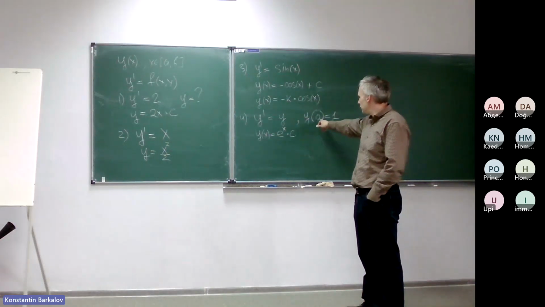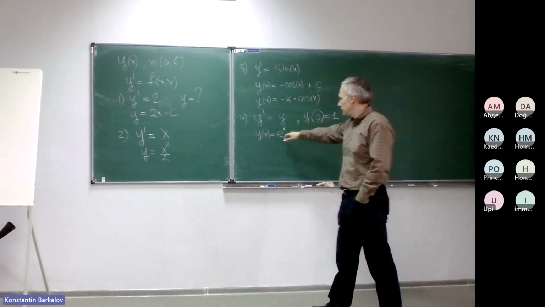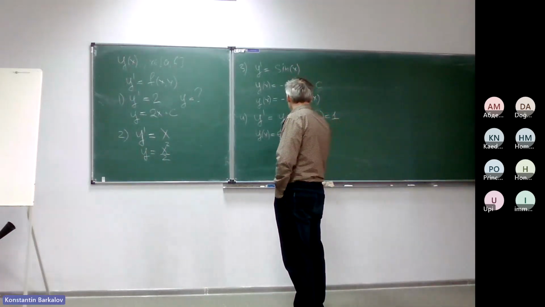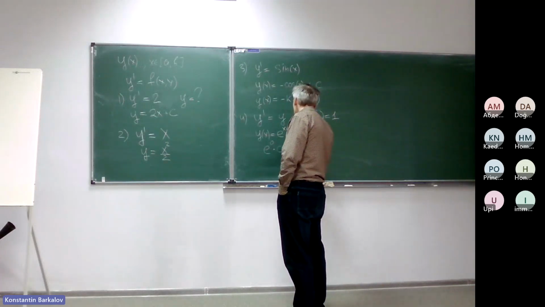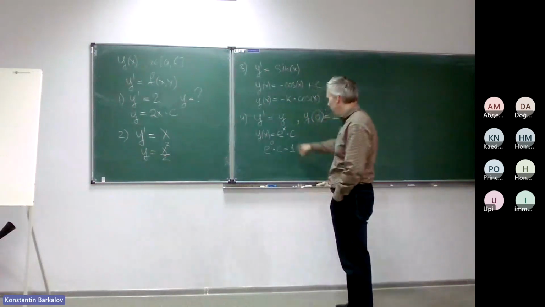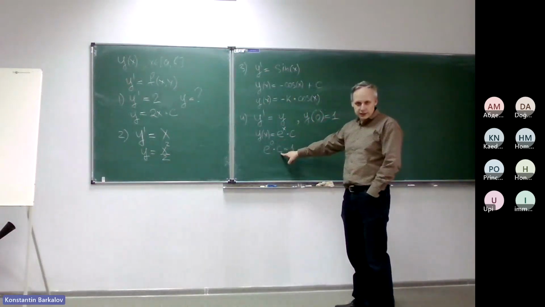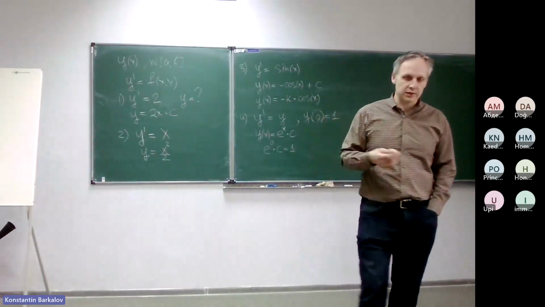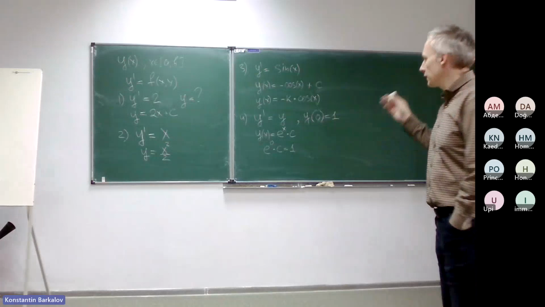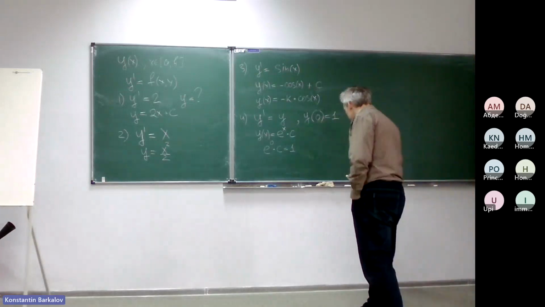We can substitute these values here. I can write e power 0 times c equals 1, and from this condition, c equals 1. I can find the constant from the initial condition.